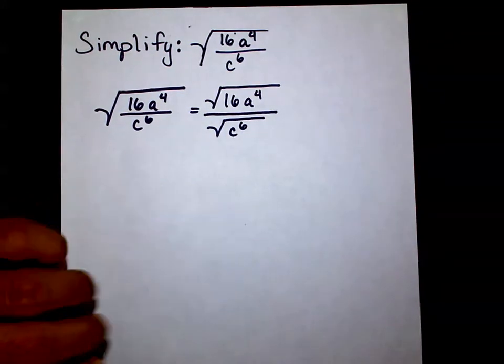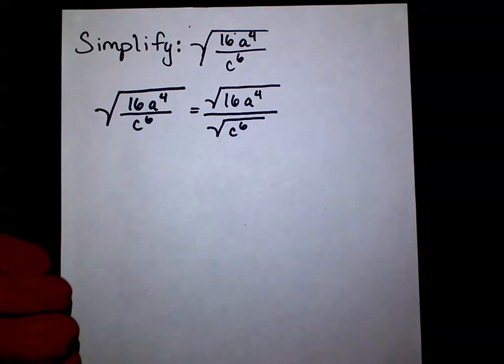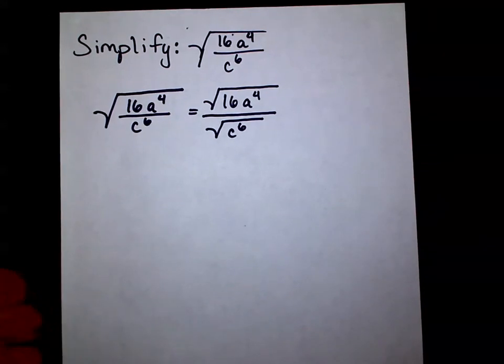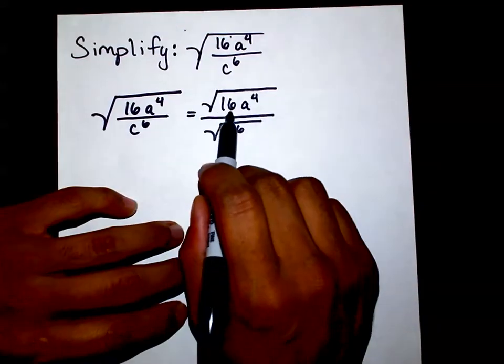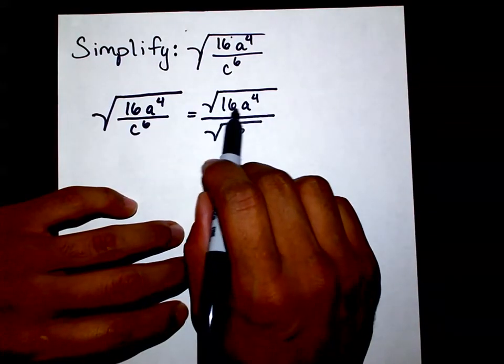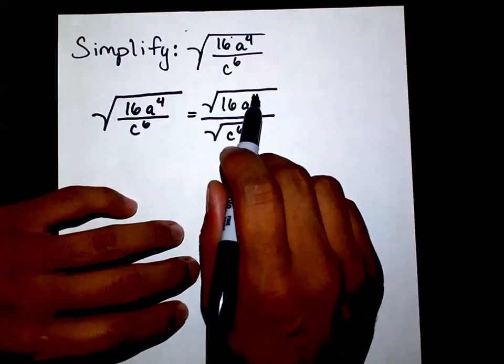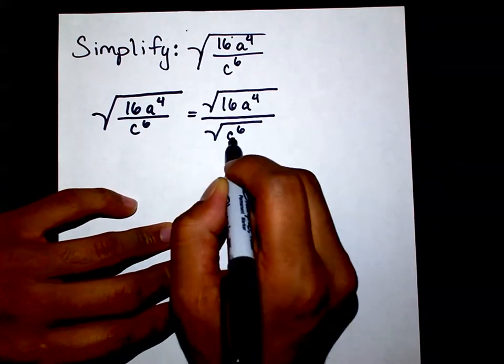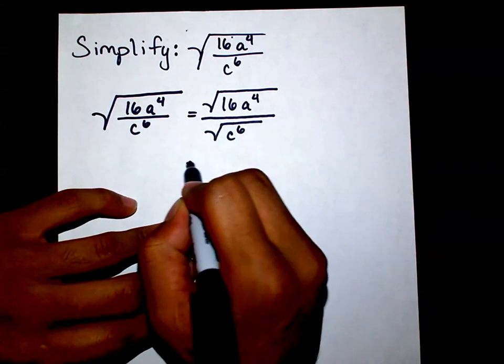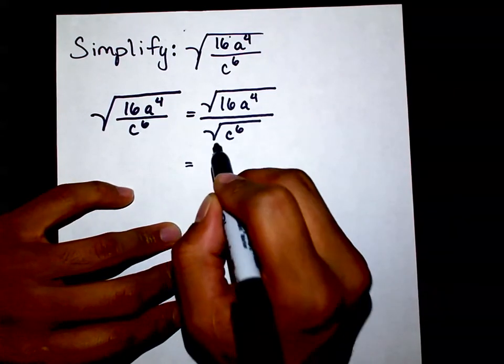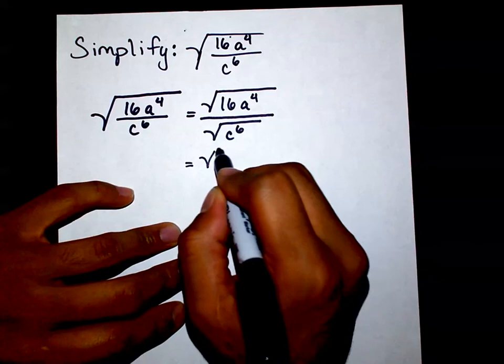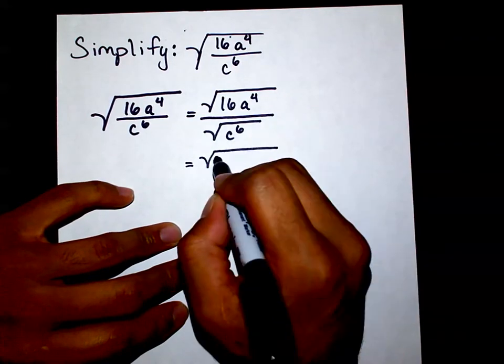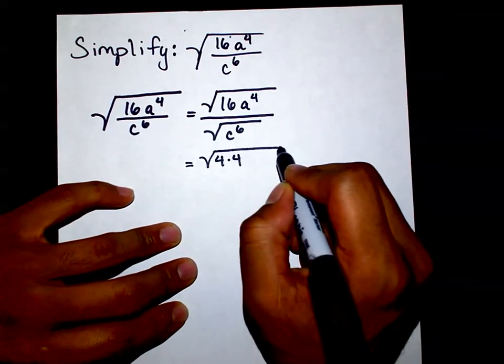Alright, now what I'm going to go ahead and do is factor my 16, and I want to expand my a to the 4th, and my c to the 6th. 16 is going to give me 4 times 4.